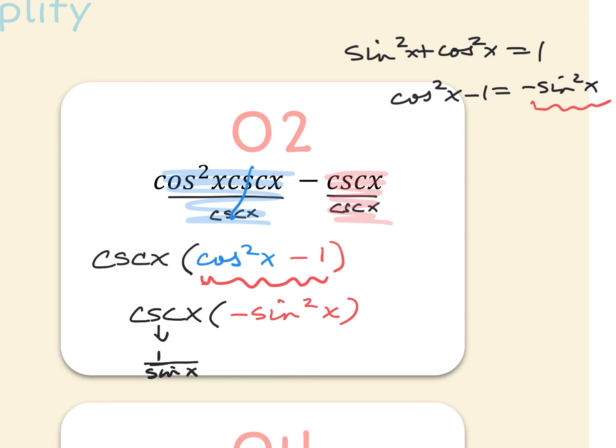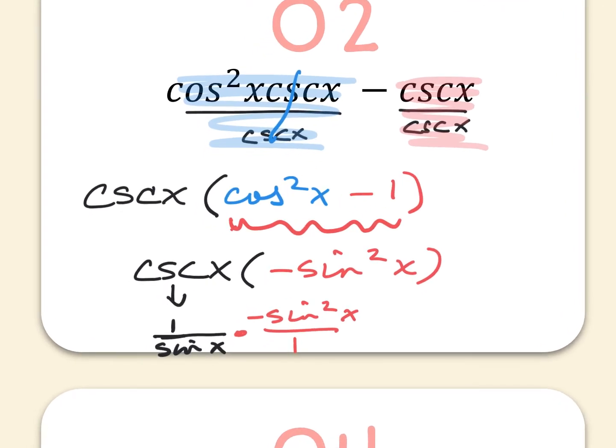Notice it wasn't squared, so I'm just putting a sine x. And then this one over here, negative sine squared x. I could put a 1 under it because I'm multiplying these two. Here's where your simplifying diagonally comes into play. I could take away this one, make it a 1, and take away 1 out of the exponent. And then my final answer is just negative sine x.